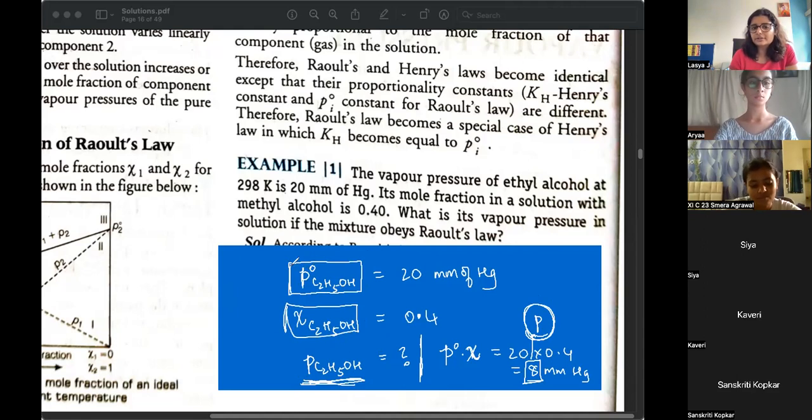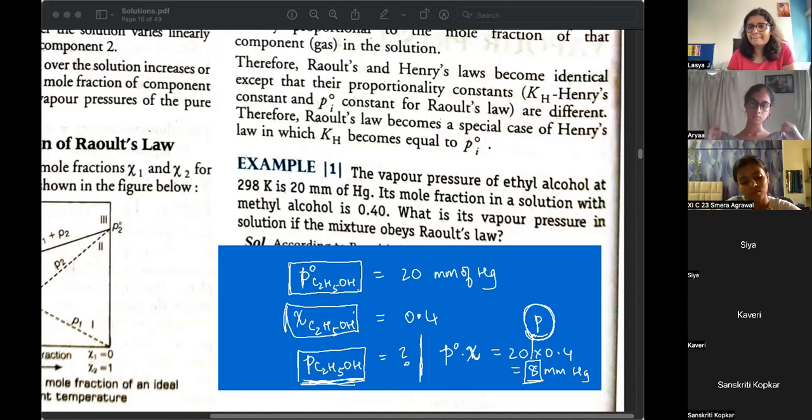Once you multiply both of these, that will give you the vapor pressure in solution. Okay?